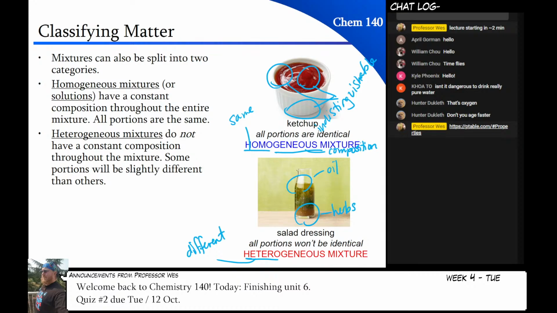Now, what happens when you get to the point where you're like, well, I don't know if it's all the same. So, for instance, what would you categorize blood as? If you look at blood, like when you get your blood drawn in a vial, it looks pretty homogeneous, right?